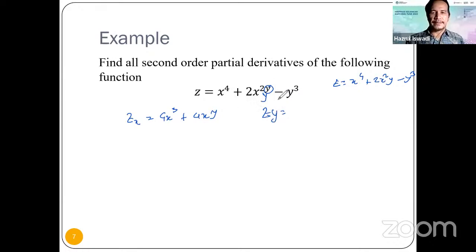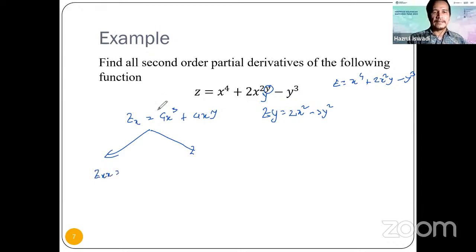zy means we make a partial derivative with respect to y. So this will be 0, this will be 2x squared, and this will be minus 3y squared. Okay, from zx we can find zxx.